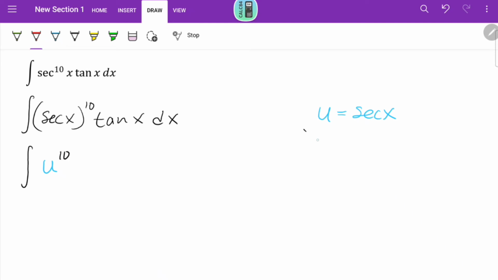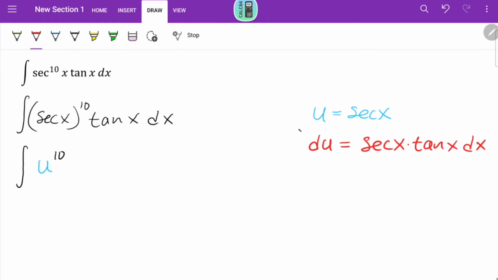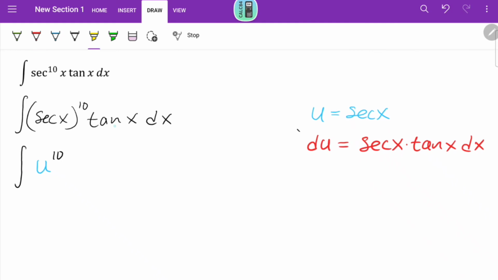Take your derivative of that. du equals secant of x times tangent of x dx. Well, if you notice, I have a tangent of x dx but I don't have a secant of x times tangent of x.